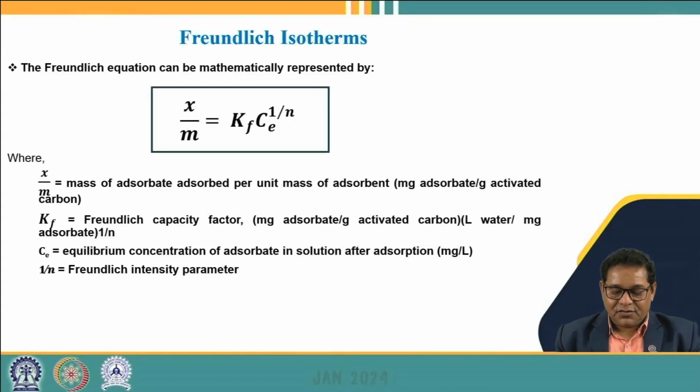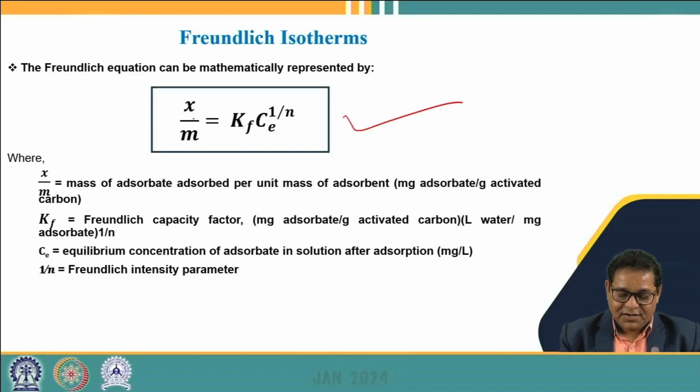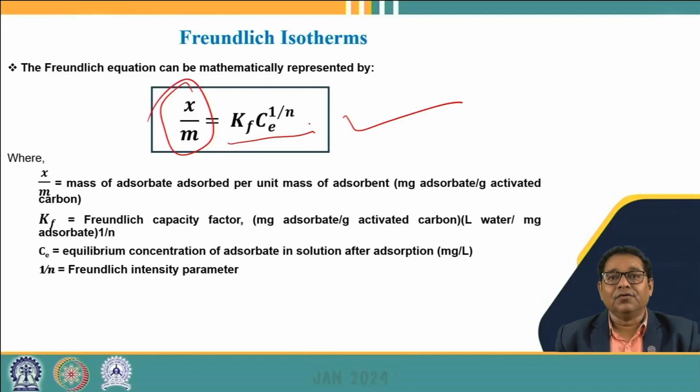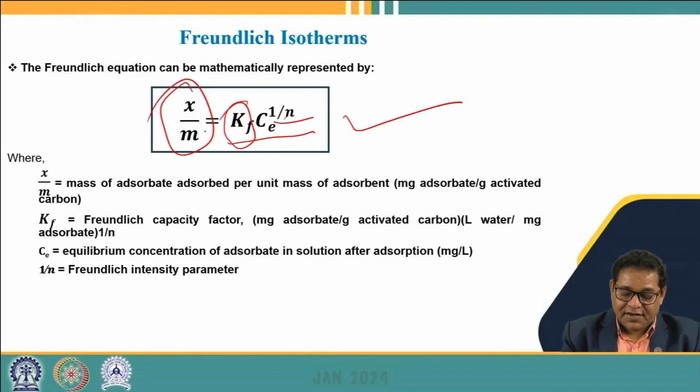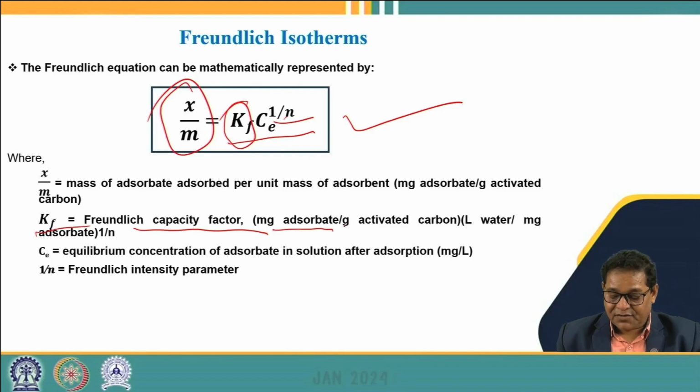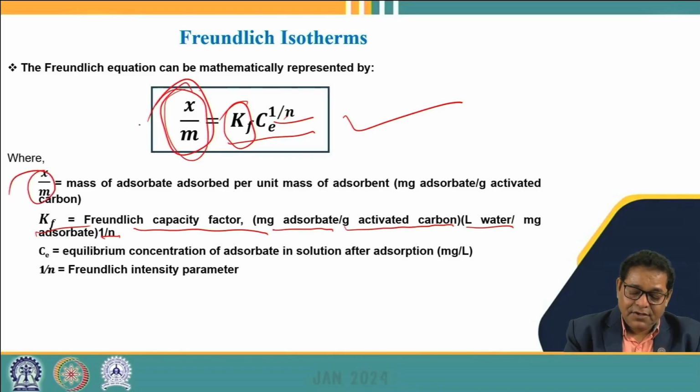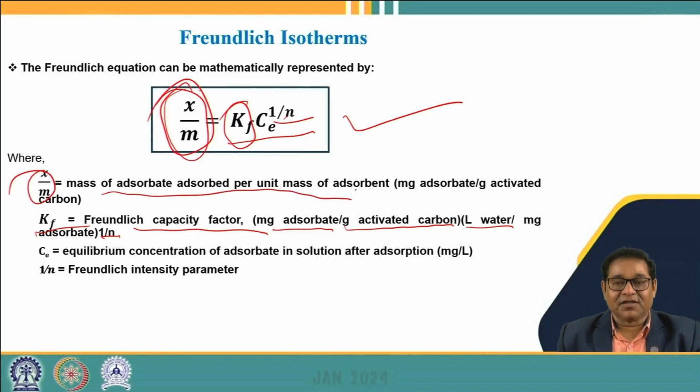Similarly, the Freundlich isotherm can be explained by this equation: x by m is equal to Kf into Ce to the power 1 by n. Kf is the Freundlich capacity factor, whose unit is milligram of adsorbate into liter of water per milligram of adsorbate to the power 1 by n. x by m is the mass of adsorbate adsorbed per unit mass of adsorbent.